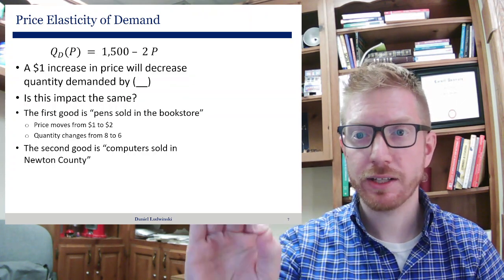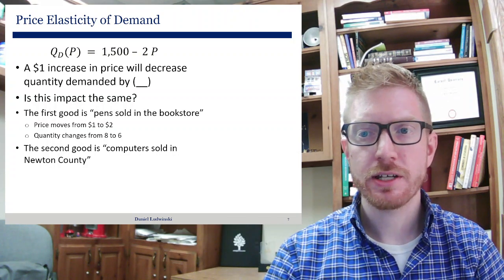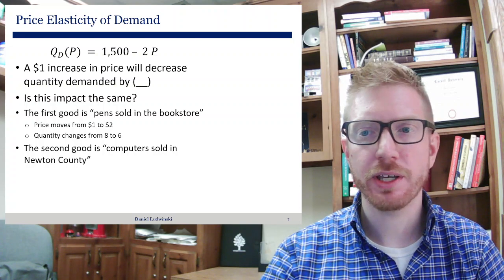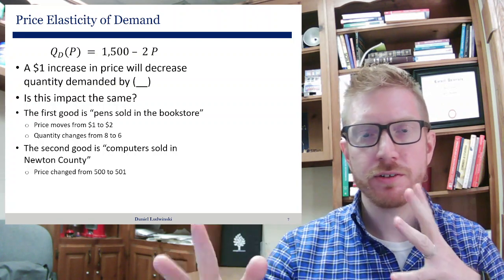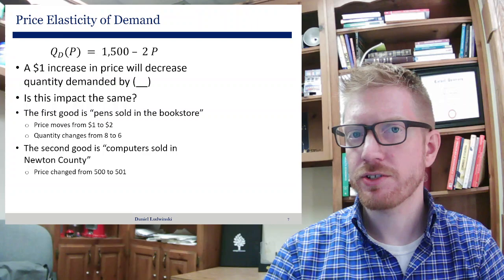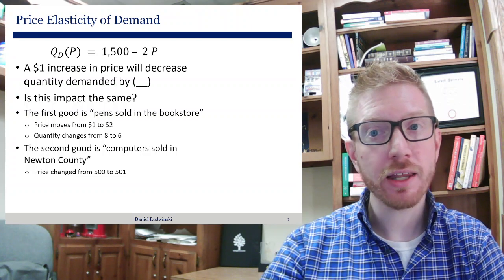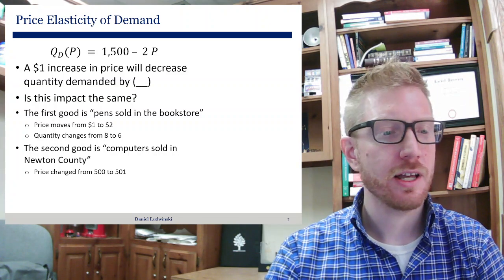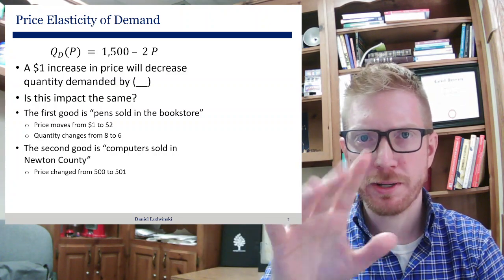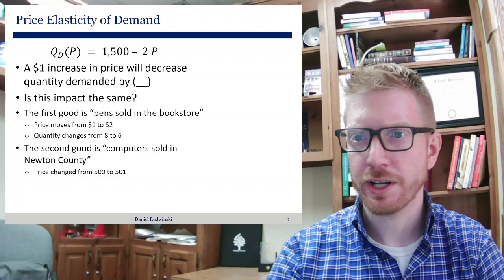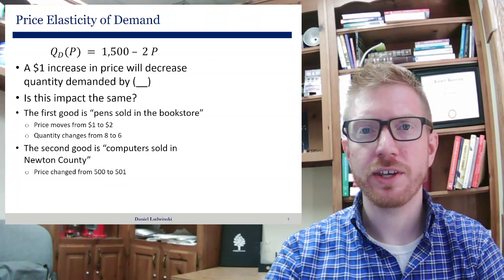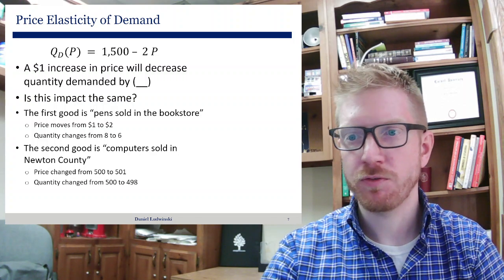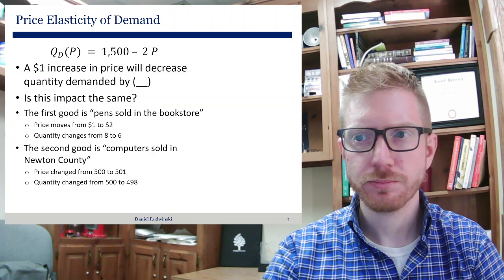But now let's say that $1 increase for computers in Newton County is moving it from 500 to 501. So in relative terms it's a much smaller price change. And let's pick some numbers here. If we're doing our calculations, we can see that the quantity demanded will change from 500 to 498.